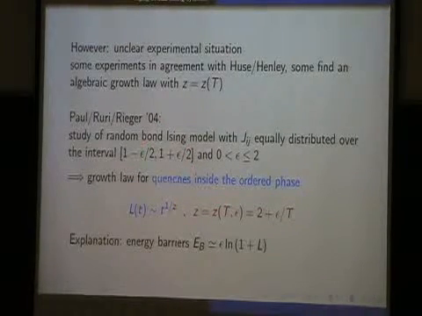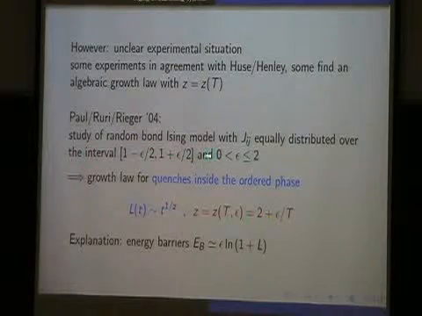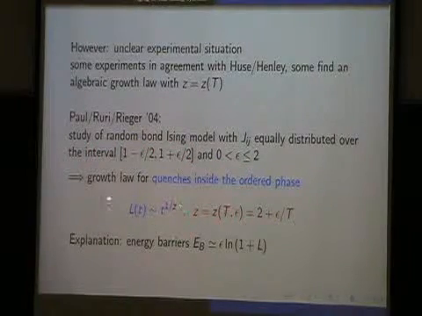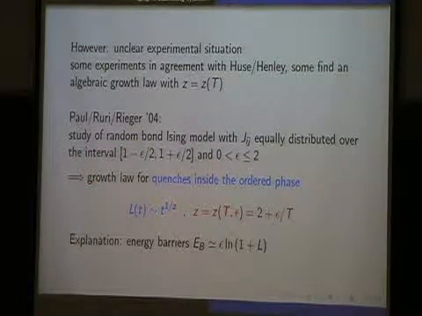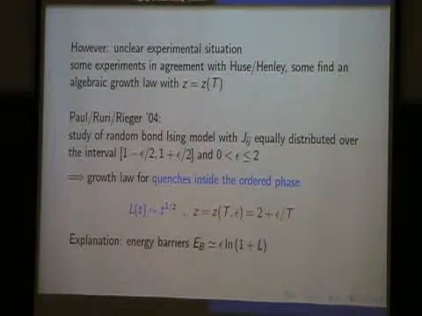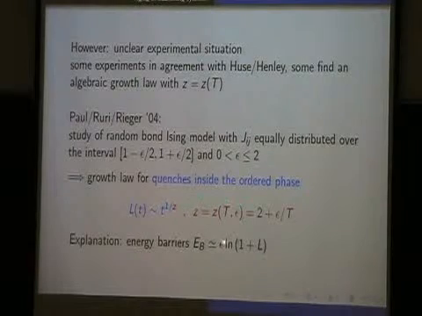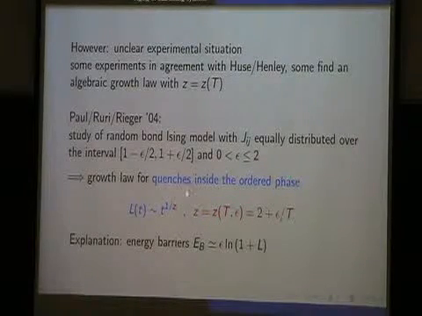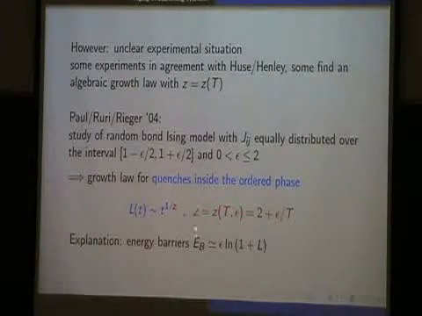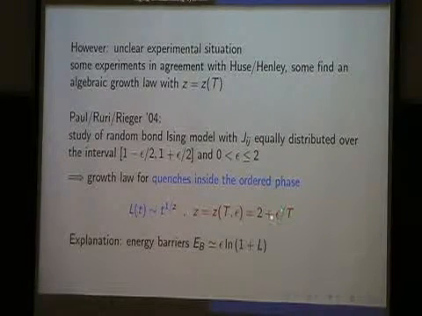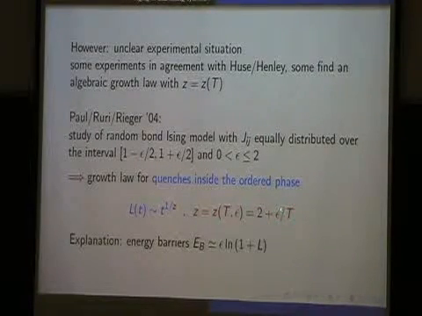So you have here a distribution of bonds, and when they looked into the growth law, they observed in fact that they do not have an exponential or logarithmic growth, but a power law, which has a, let's say, interesting dependence: the exponent z should depend on the distribution of the disorder and on temperature.